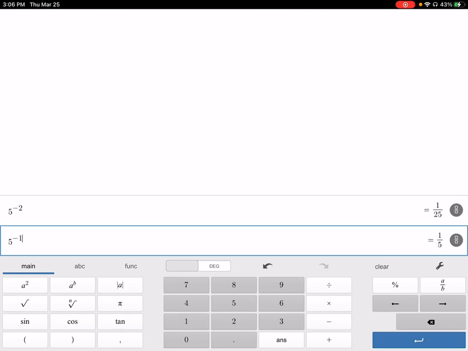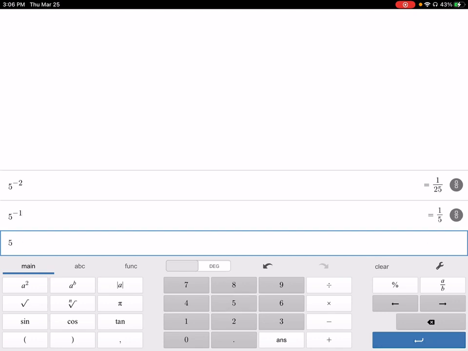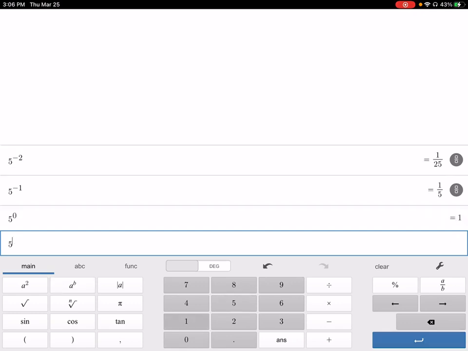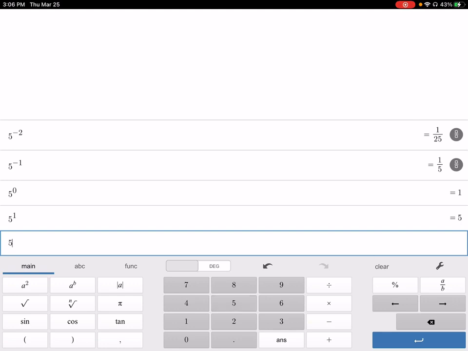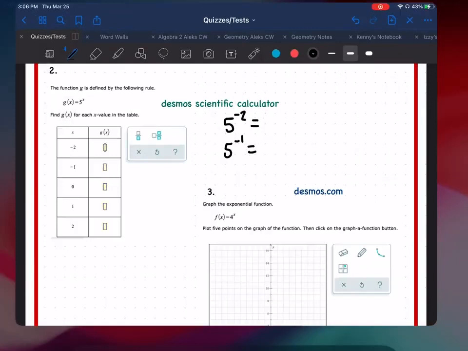I'm going to click on the circle to change it to a fraction. 5 to the 0, that one's okay. 5 to the 1, that one's okay. 5 squared. So there's my answers for my table. 1 over 25, 1 over 5, 1, 5, and 25. And I'm just going to go back and plug those in.